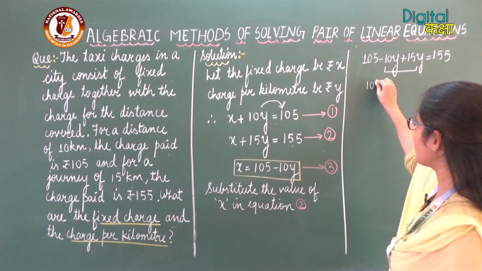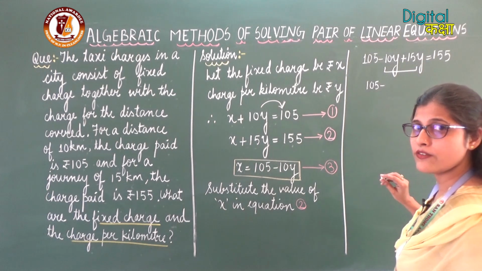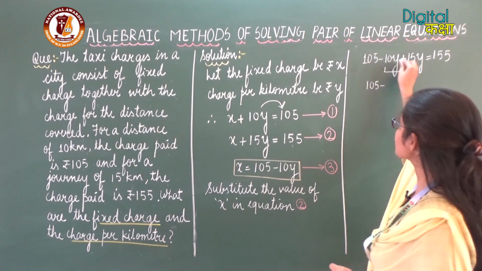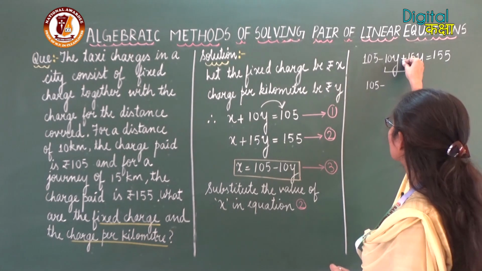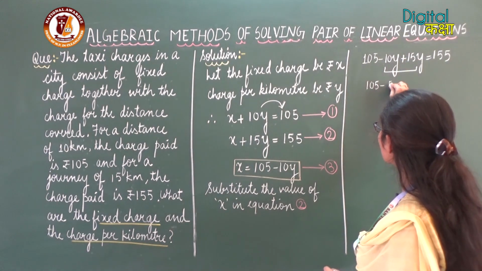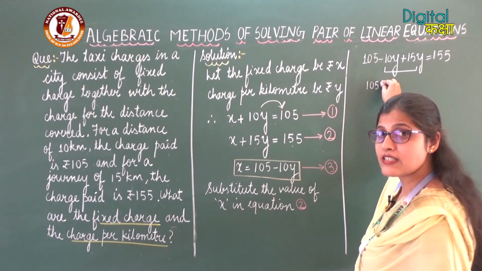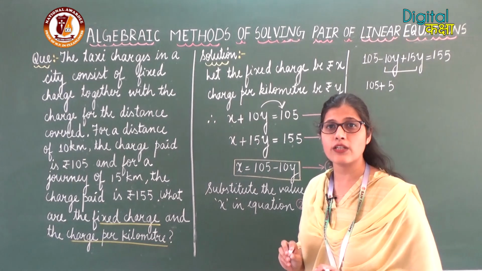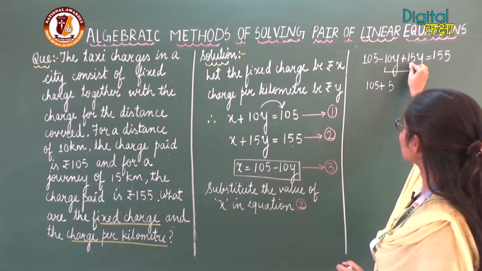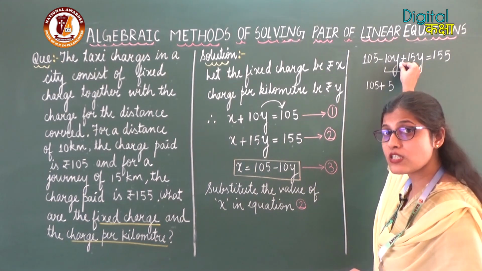Now, we will be solving for the value of y. So, it will be written as 105 minus 10y plus 15y. When we subtract 10 from 15, our answer will be 5, but the sign will be positive 5. Why am I taking a positive sign over there? Because the greater number has the positive sign.